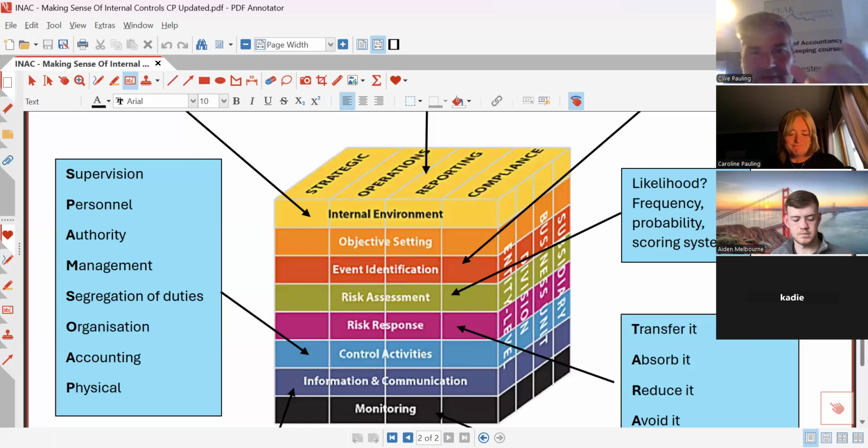You can apply the model to that, but equally, you can apply the model to the entire organization. It's a very flexible thing. There we are. It's not examinable, but I hope you agree with me to an extent that it makes sense of what otherwise could seem a whole load of separate parts that I'm learning, without quite seeing the big picture.